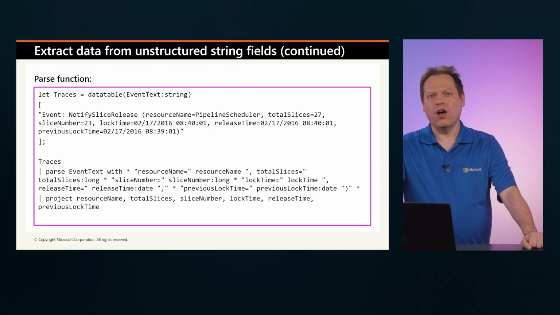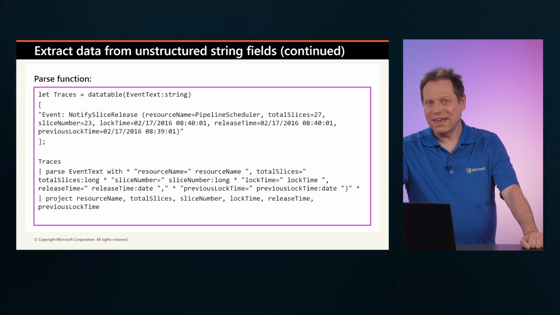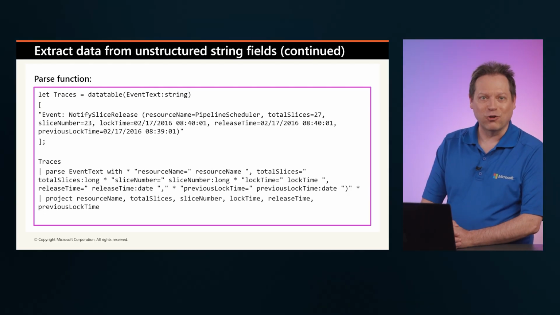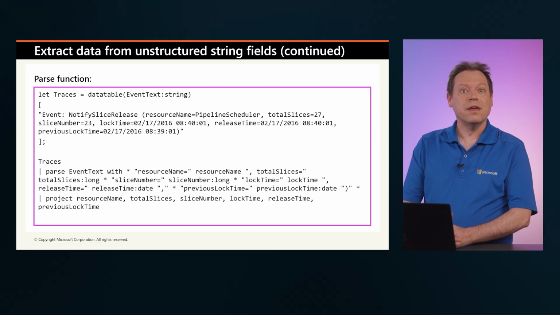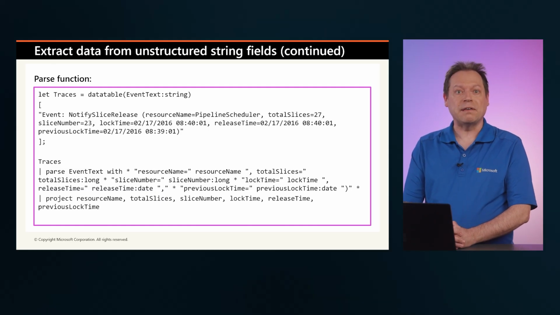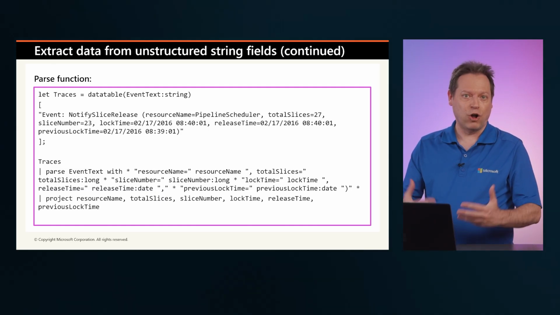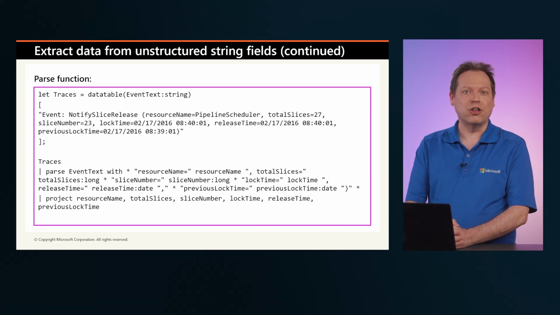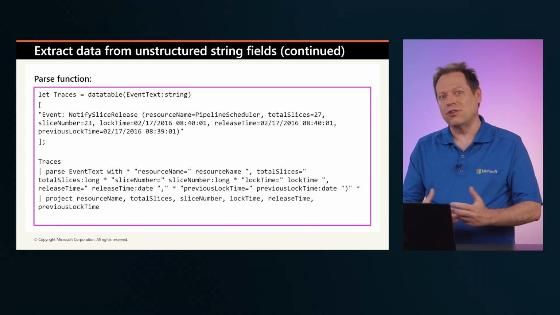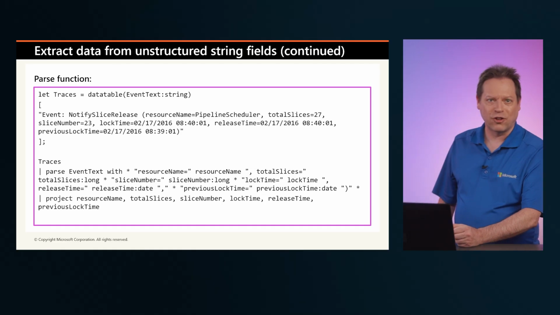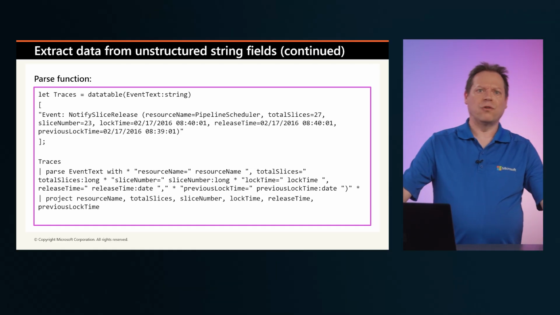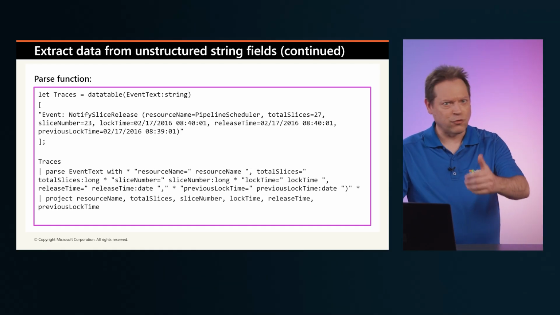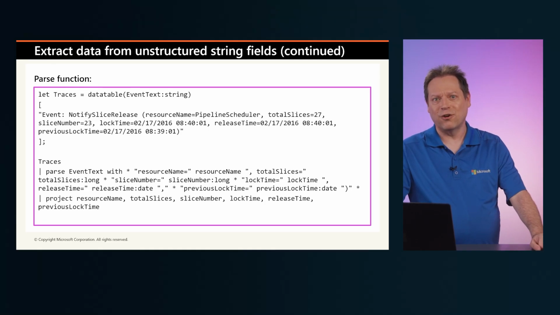Another approach for unstructured strings is the parse function, which is great when the text follows a consistent pattern. In this example, we create a small datatable called traces with a column named EventText, containing a structured message like event, notify, slice, release, as we see on screen over here.